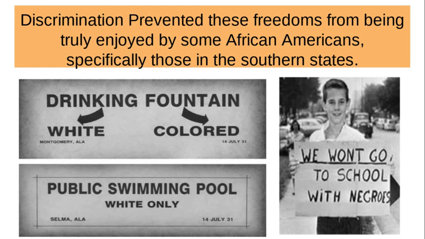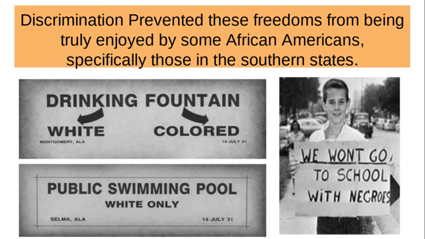But although these amendments technically got rid of slavery and gave African Americans the right to vote back in the 1860s, discrimination prevented these freedoms from truly being enjoyed by some African Americans, and specifically ones who lived in the southern states.